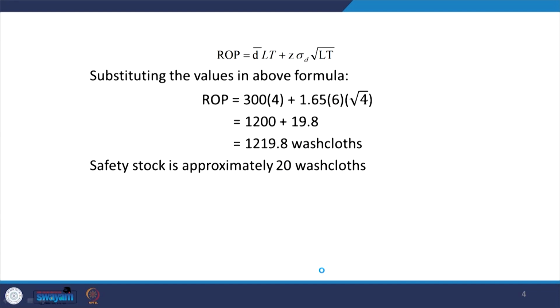Now, let us see the calculation part. So, this ROP will be the demand during lead time plus safety stock.